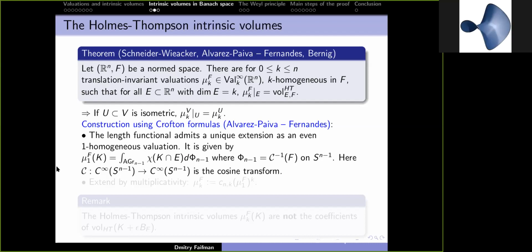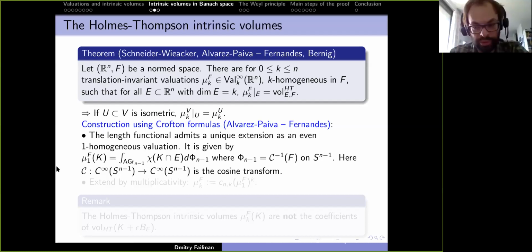Once you restrict to a k-dimensional subspace, you lose all the other information. But I think something can be said about non-symmetric norms, but here we only discuss symmetric norms.